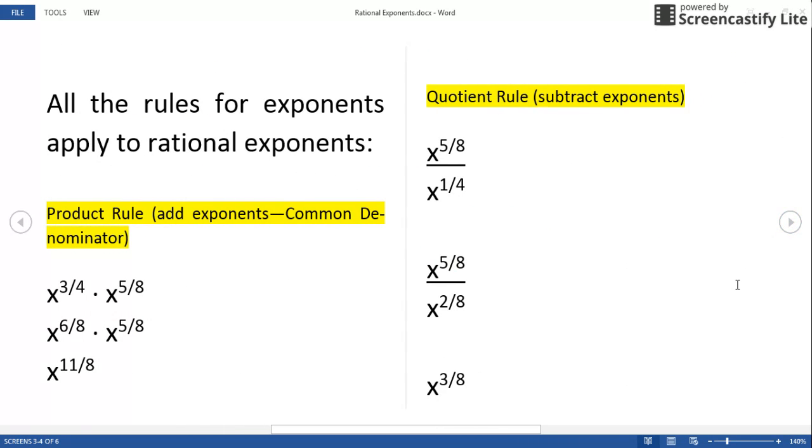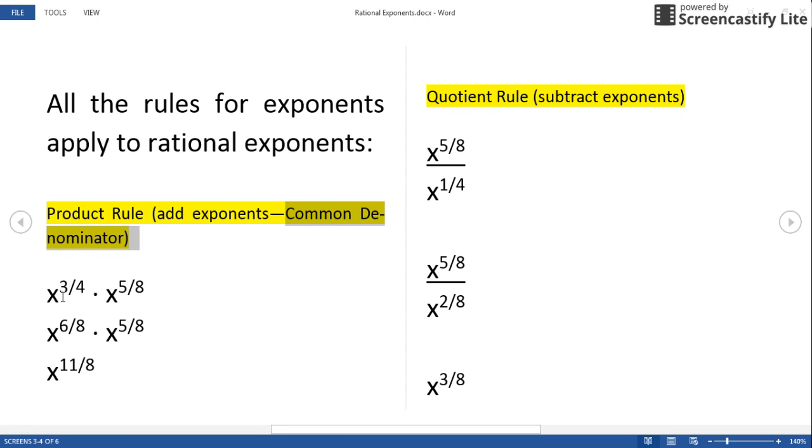All of the rules for exponents still apply, even though now we have rational or fractional exponents. For instance, the product rule tells us to add exponents when we are multiplying things together that have the same base. To do that with rational exponents, we're going to need to have a common denominator.